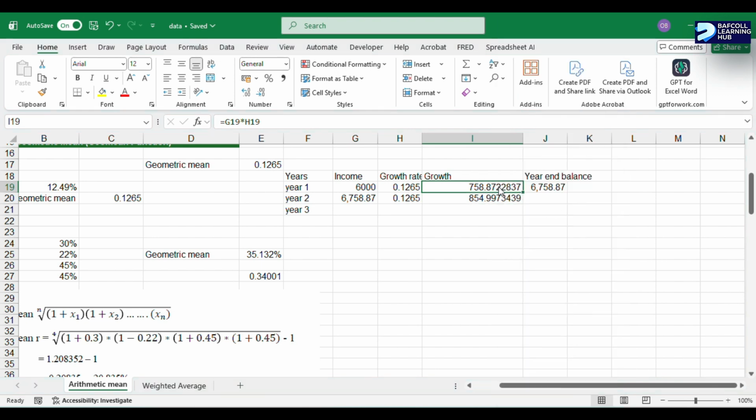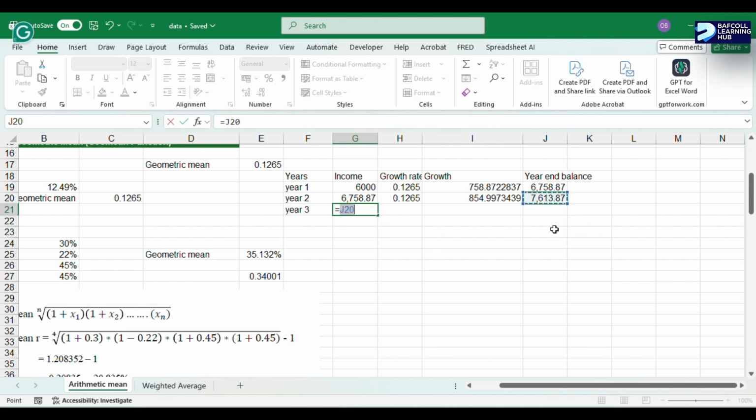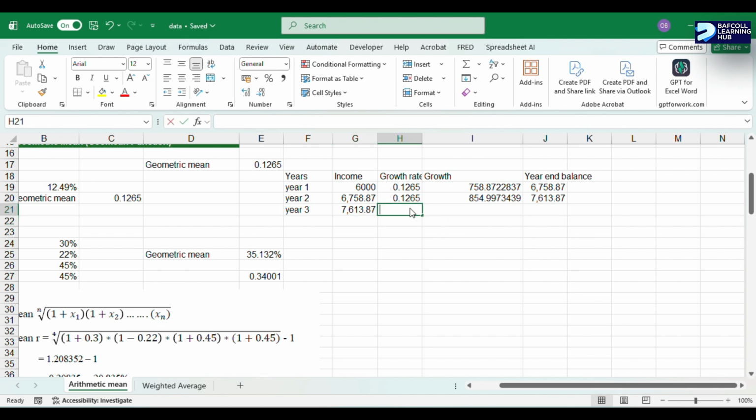We've done that in our previous lessons in Excel, so you can also refer to that. Then the year end balance, we already have it, so we drag it down. Now our year 3 balance will be this. Then the same growth rate, then the growth, 963. Then the year end balance, we can drag it down.